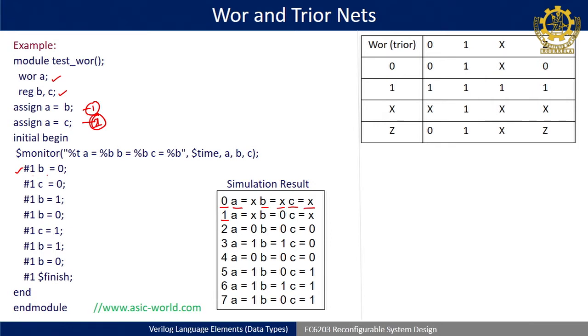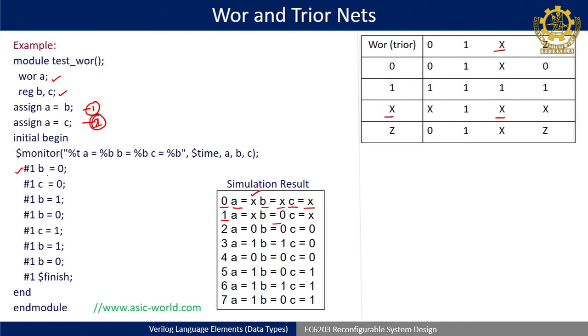Okay. So, at #1 we may have B equal to 0 and some other values, we will see, but at 0 time units B is X and C is X. As B and C are being assigned to A, X and X is assigned, so my output is X, so A is also X. So, you can do the coding and understand this, but I have just given the result for proper understanding.